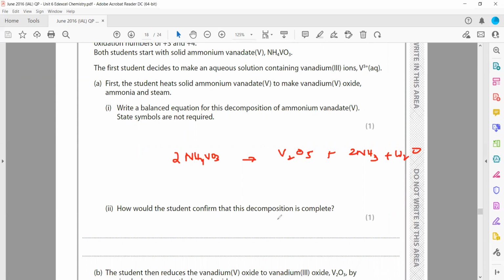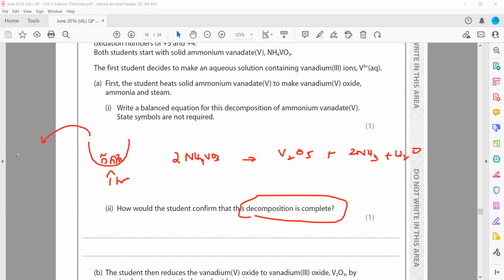How can the student confirm that the decomposition is complete? Whenever you want to make sure that the decomposition is complete, we heat the substance to a constant mass. What does it mean? We supply heat energy, then remove the heat source, and measure the mass of the substance. Then we supply heat energy and again measure the mass. Supply heat energy, again measure the mass. To make sure all the substance has decomposed, we will re-weigh.